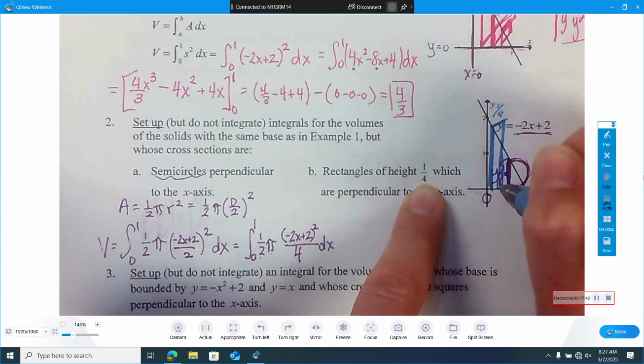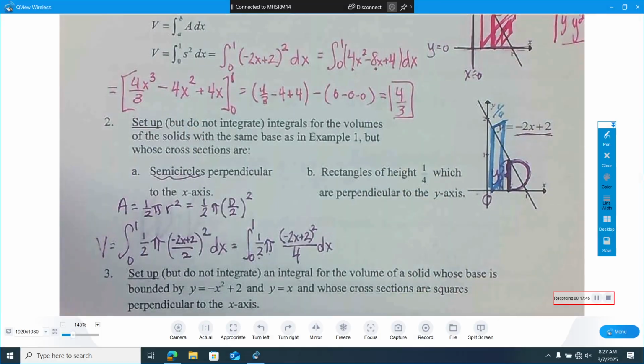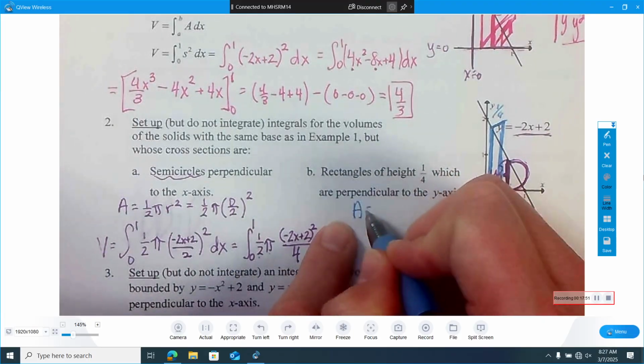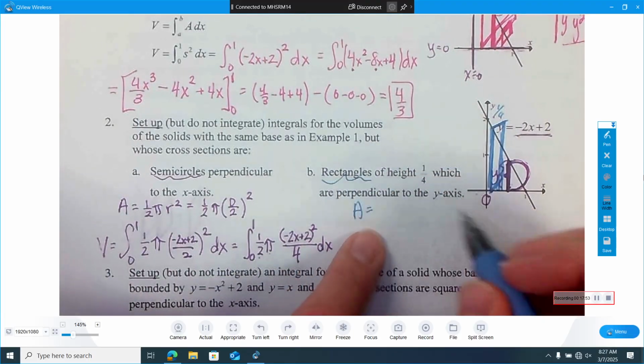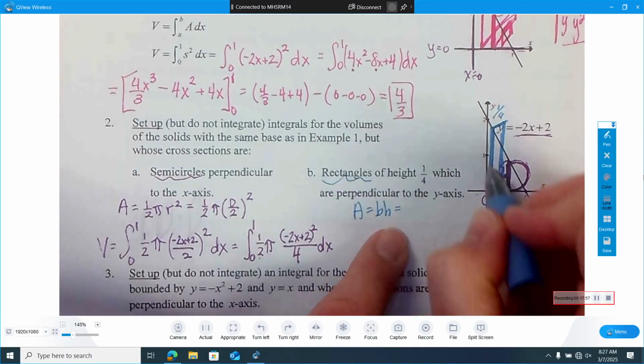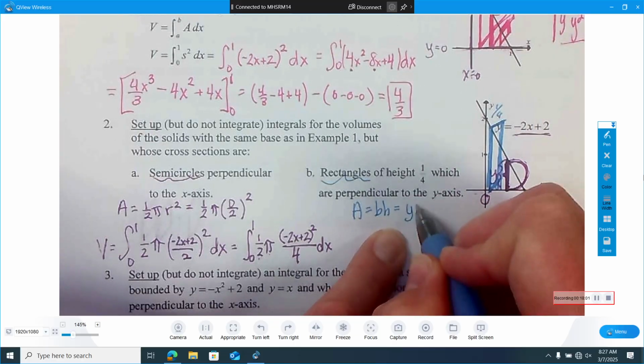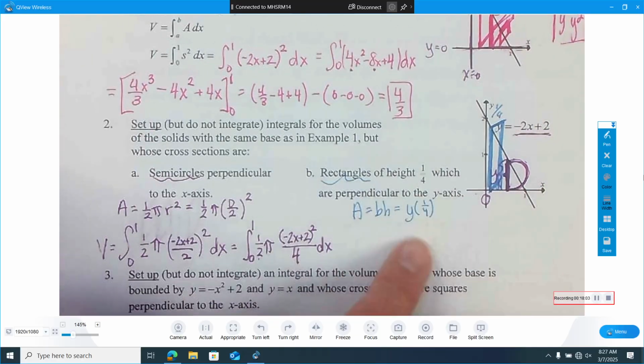So the height of my rectangle is just 1/4. It's this little tiny squat height coming off of the paper. So the area of the rectangle is base times height. Our base is our function y, and the height is just 1/4.